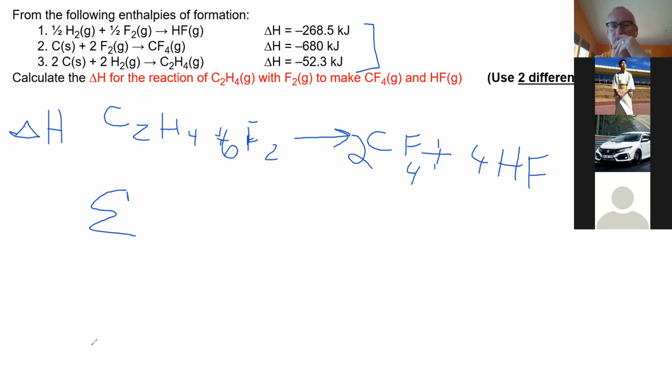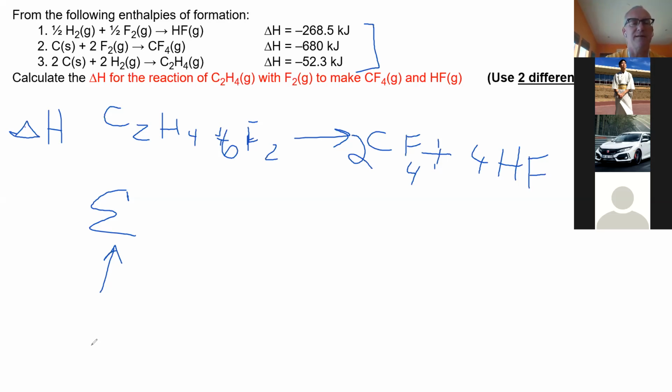So this symbol means summation, right? If I want the delta H for a reaction, what could I sum to get there? I need to sum something. Anyone remember what I would add together? I'll give you a hint.